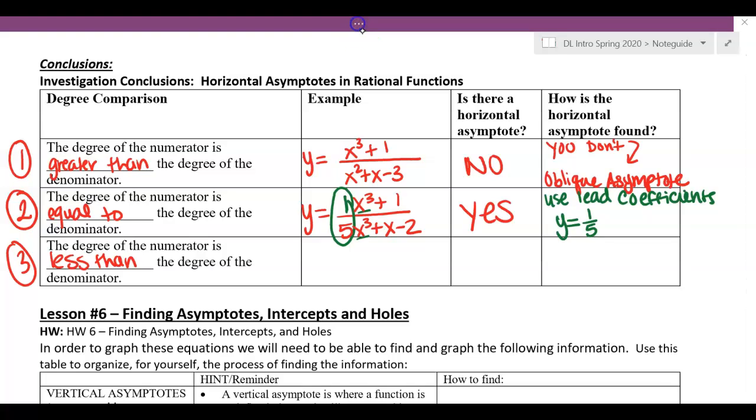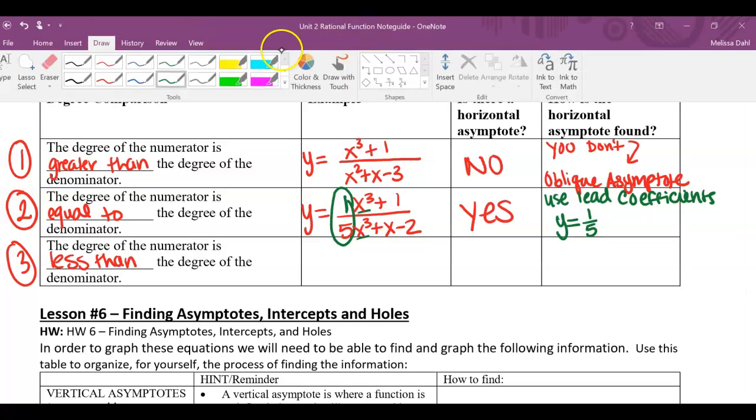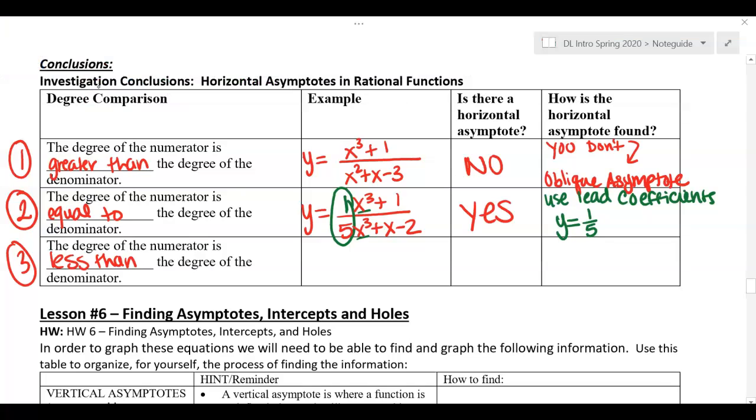The last category was when the numerator had a degree that was less than the denominator. So something like this. And we said yes, there was a horizontal asymptote, and that was kind of the nicest situation because it just automatically ended up at 0.